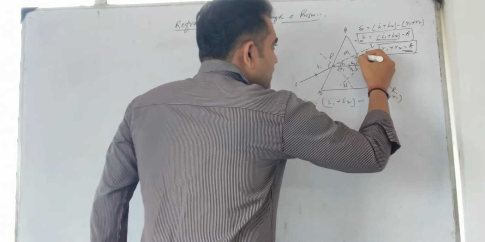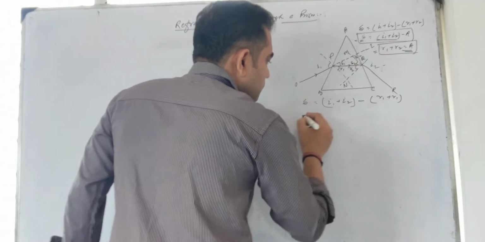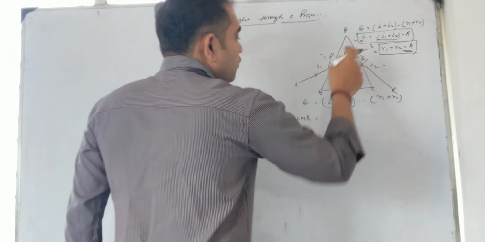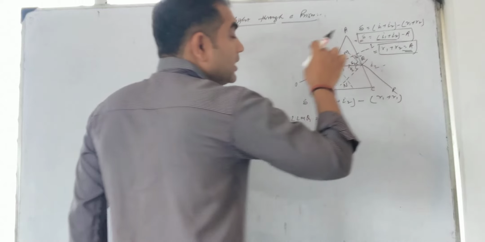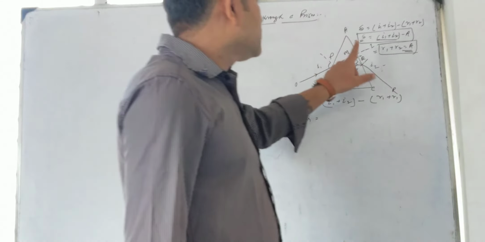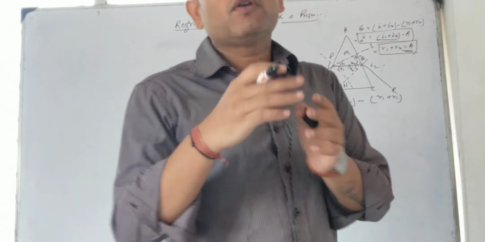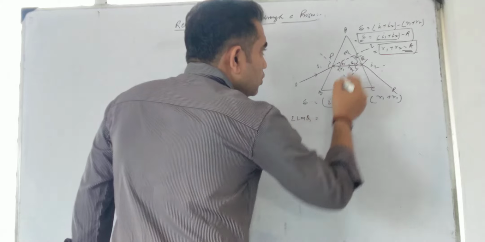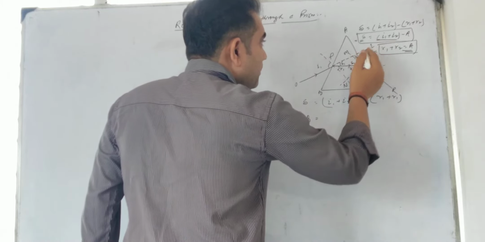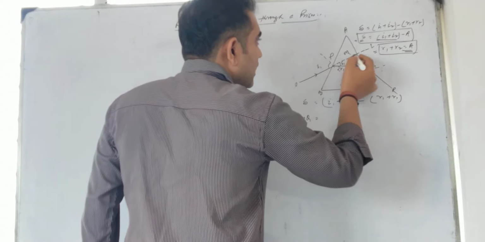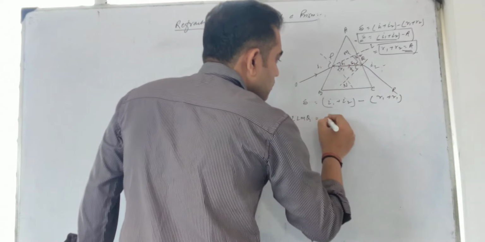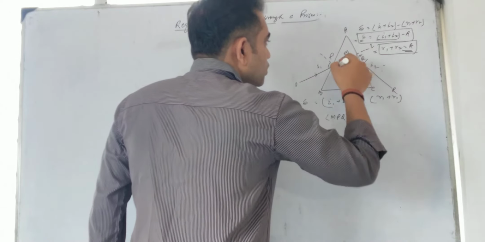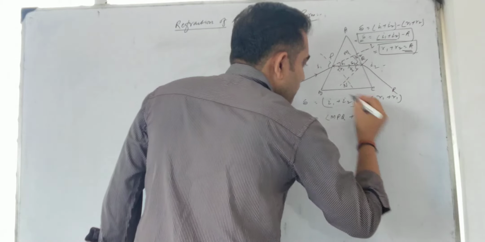Angle LMQ is the exterior angle, and the exterior angle equals the sum of the interior angles, that is, angle MPQ plus angle MQP.